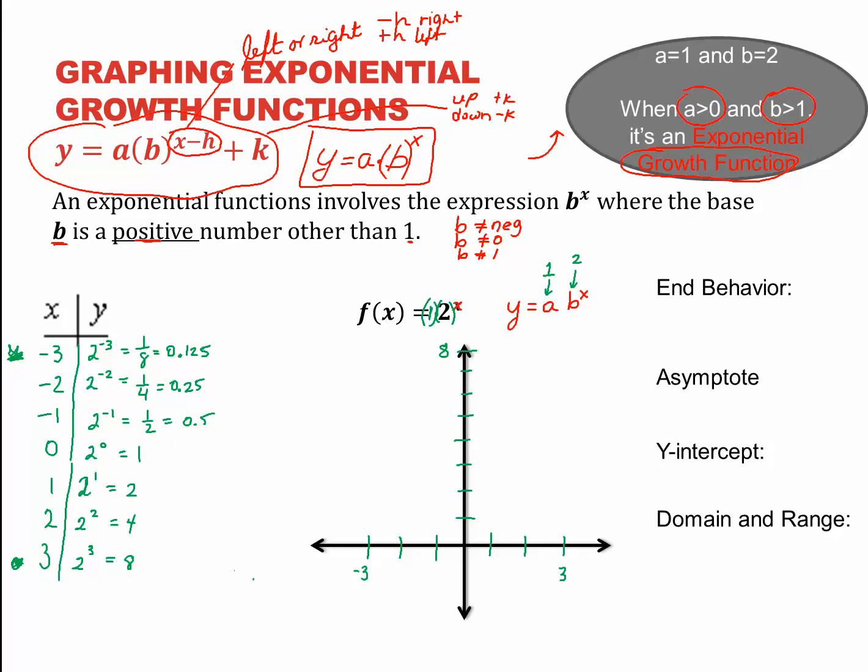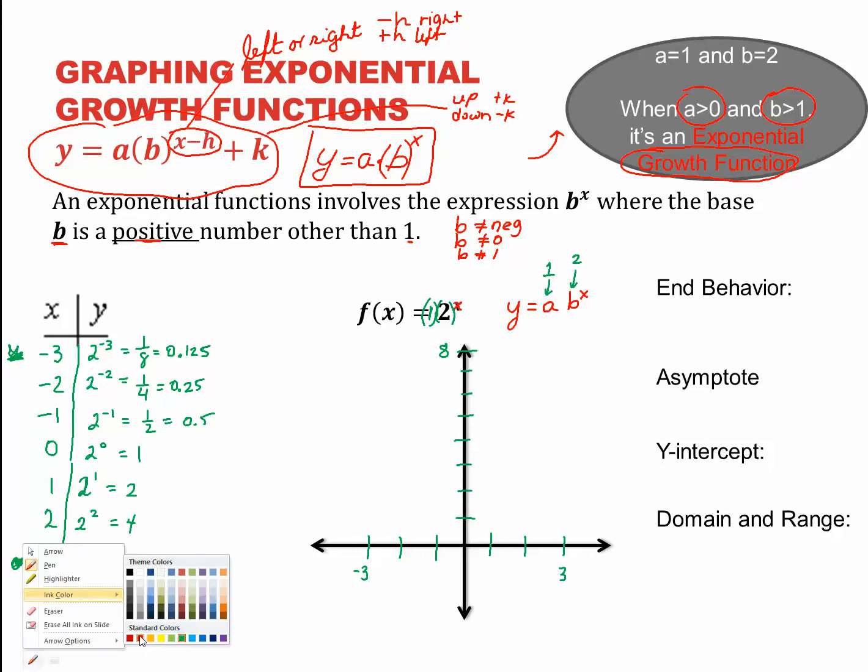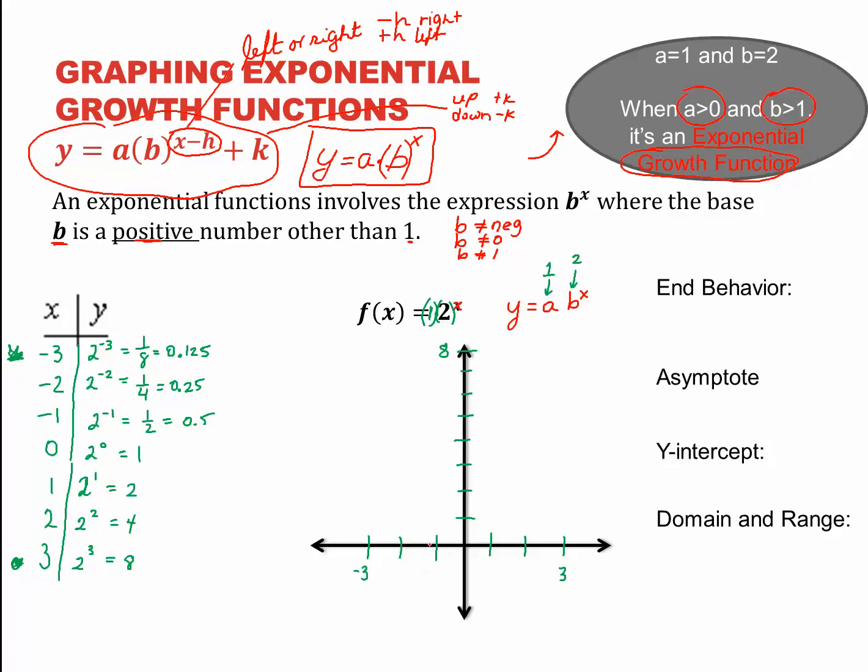And I'm going to go ahead and plot these points. Negative 3, 0.125, negative 2, 0.25, negative 1, 0.5, 0, 1, 1, 2, 2, 4, and 3, 8.